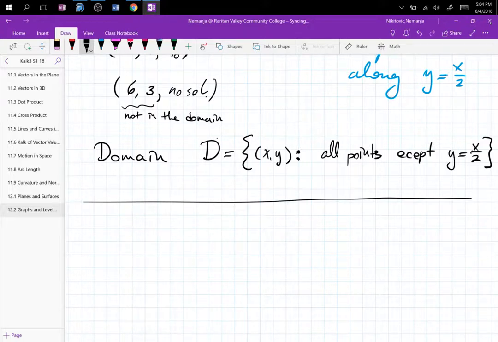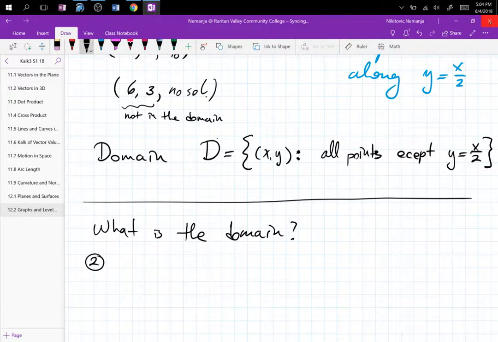So now here are some exercises where it said, okay, so what is the domain? And let's go with problem 2. They give us that the function f of x, y, is given by x squared y minus x y squared.